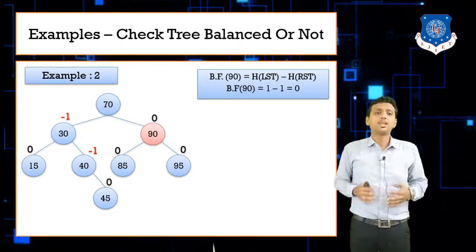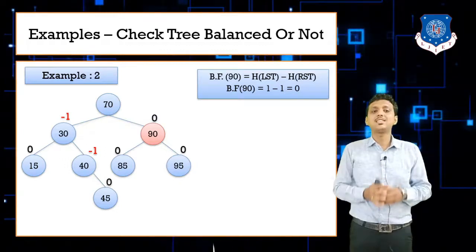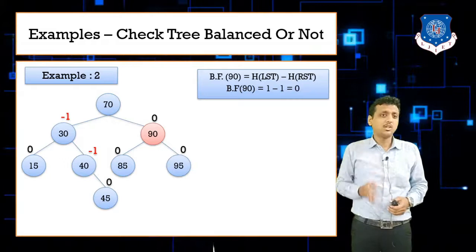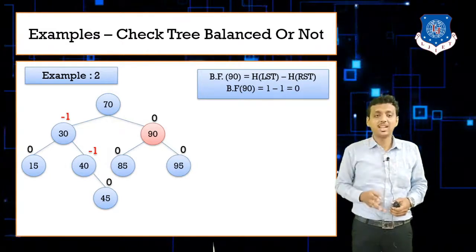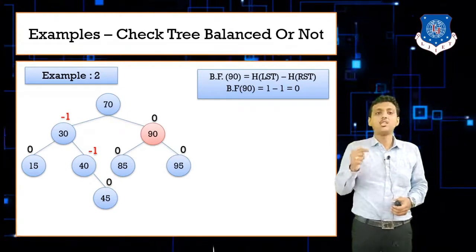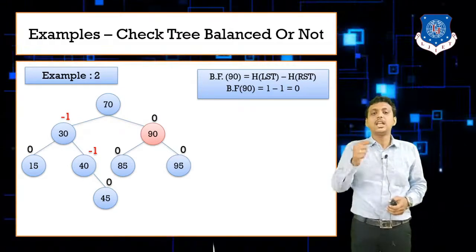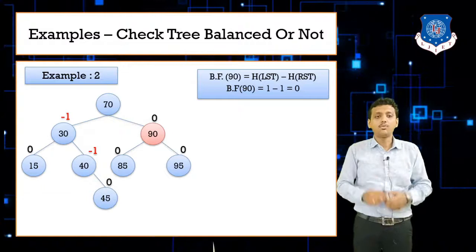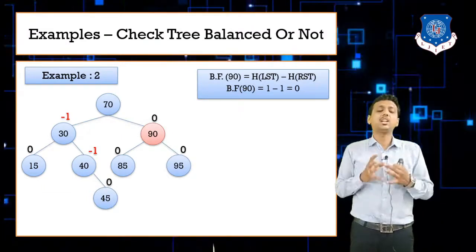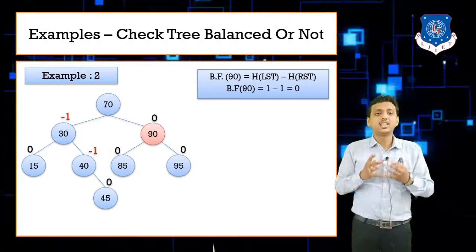How? Because there are three levels: one level of 30, second level of 15 and 40, and third level of 45. So due to three levels, the height of the left subtree is 3.